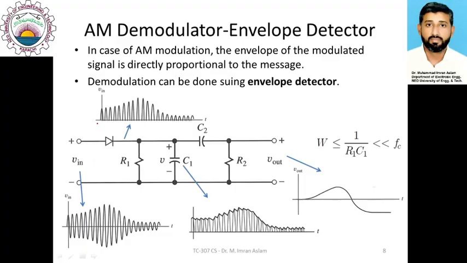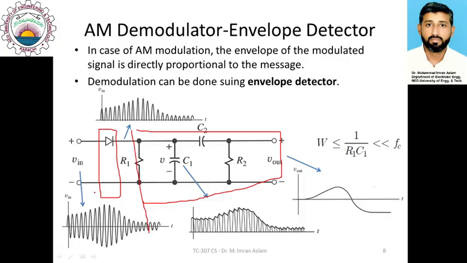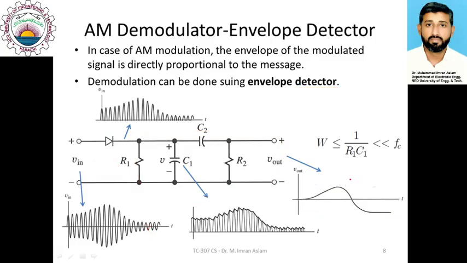So the bottom line is that the envelope detector is actually a combination of a rectifier and a low pass filter. If you pass the incoming AM signal through this combination, which is called an envelope detector, you will get the message signal at the output, and you can easily notice that this reconstruction of the message signal does not require any synchronization.